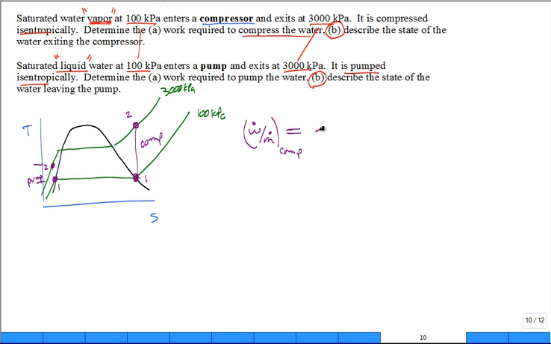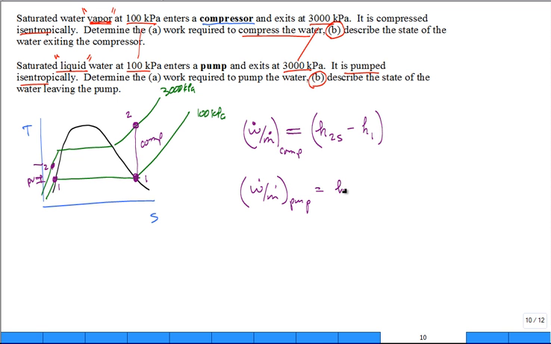It's going to be h2s minus h1. True? First law, where you've embedded it to get the h2. s is constant. And then W dot per m dot for the pump, you can do the same thing.